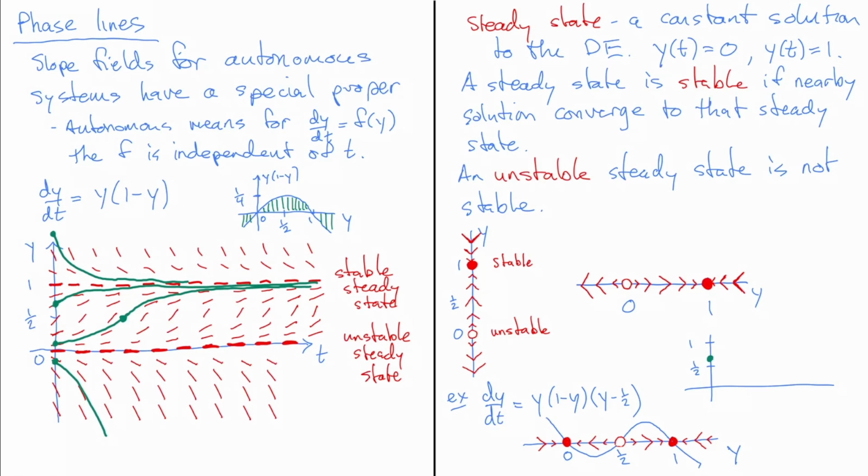So when I look at my phase line, I can see that if I'm below the well, it's not quite the midpoint, but if I'm below the maximum of this cubic, which it looks like I am here, I'd have to do some calculations to determine that, because the midpoint is not exactly the maximum for this cubic. It starts off with a low slope and then increases to a maximum slope somewhere between 1/2 and 1, and then it starts to decrease back to a 0 slope as it approaches the steady state at 1.